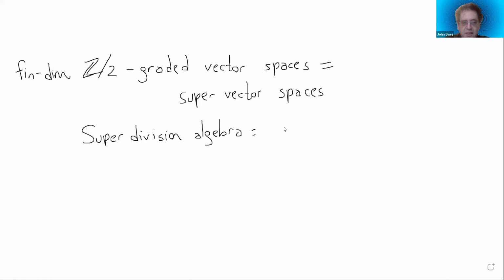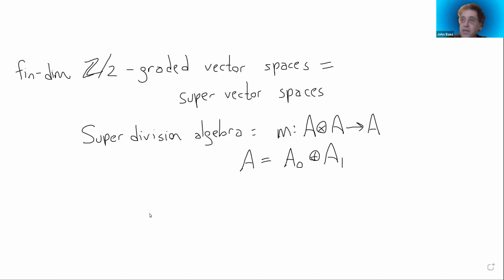It's an algebra in the category of super vector spaces. So it's got some kind of multiplication that makes it, let's say, an associative algebra object in the monoidal category of super vector spaces. But what makes it be division? One way to think of A is that it has an even part and an odd part.